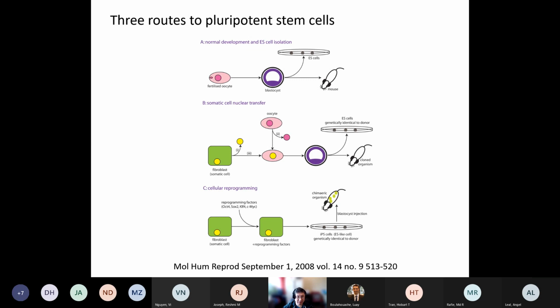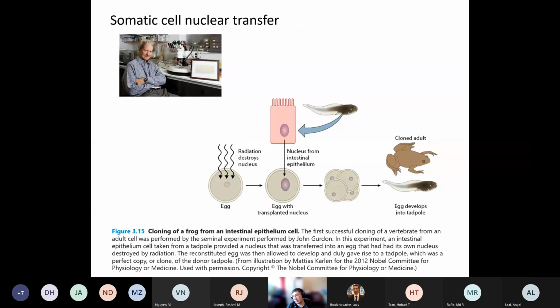And again, that can be just the cells, or it can be an individual if you choose to do so. Okay, so we have 3 ways to generate pluripotent stem cells, and in today's lecture, I'm going to introduce somatic cell nuclear transfer.